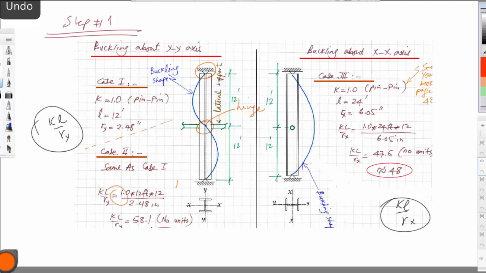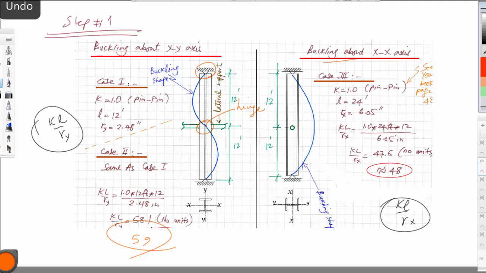K is 1, L is 12 feet, and you need to convert into inches by multiplying by 12, because the denominator is in inches, so you divide inch by inch. The answer is 58.1, which will be rounded up to 59. That is the result of the buckling about YY.